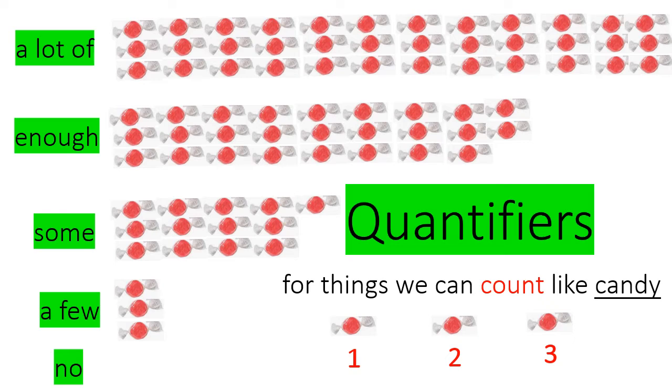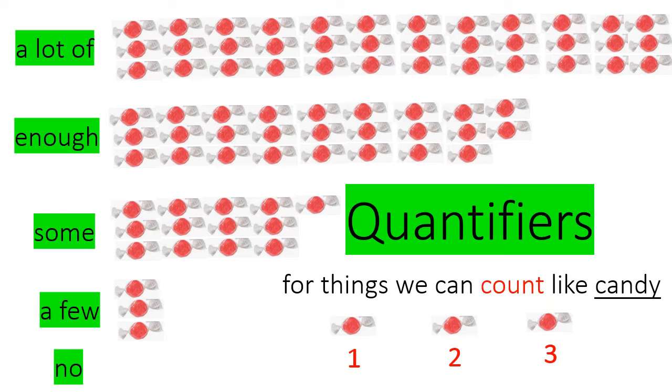So what do we mean by enough? That means each person gets a candy. Okay, there are enough candies for the class. We also have the quantifier a lot of. So a lot of means more than enough candies for each person in the class.